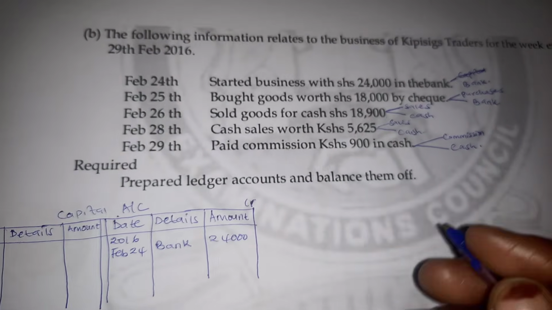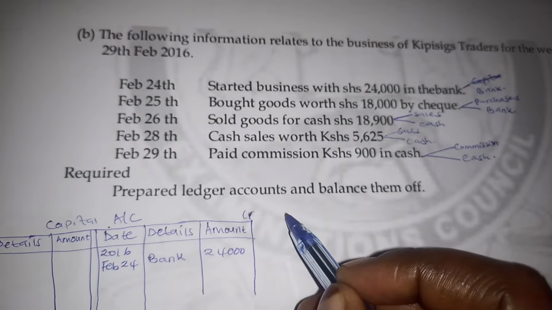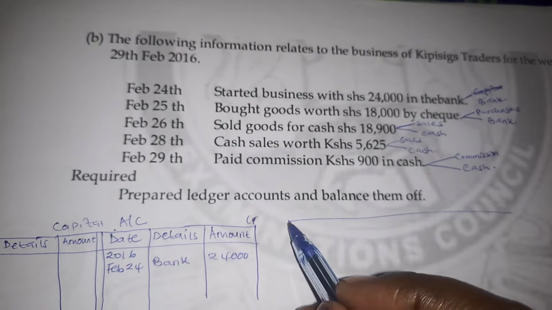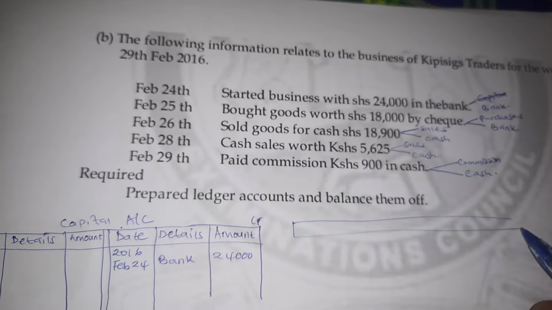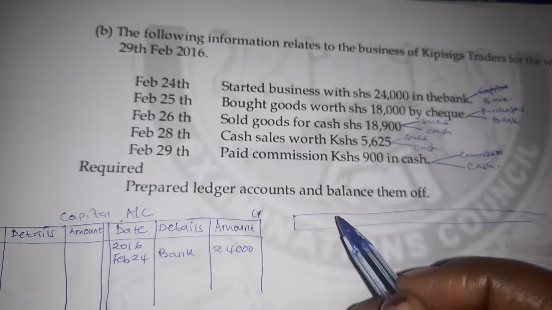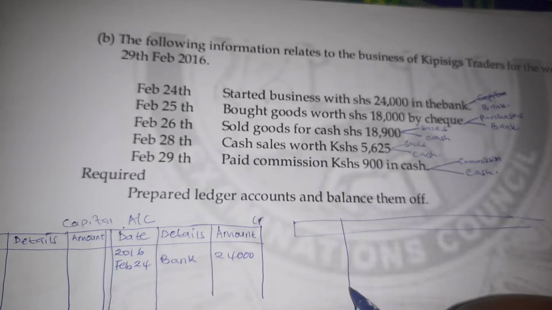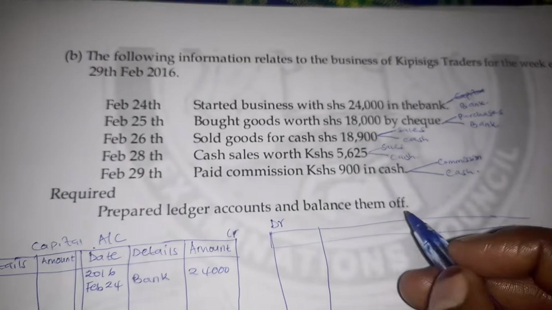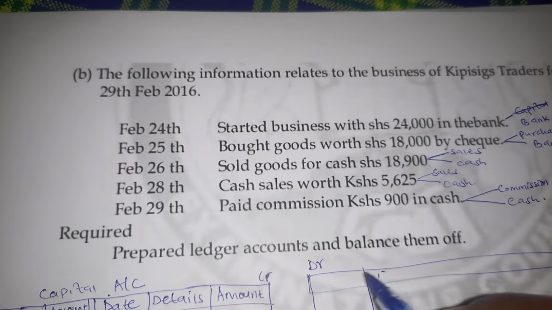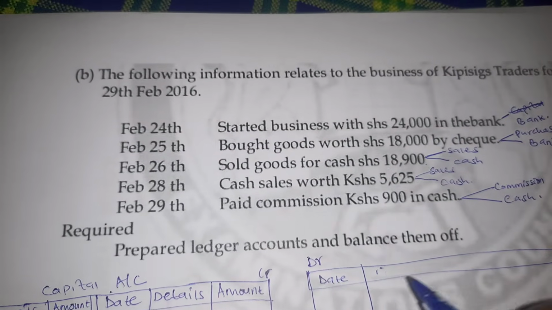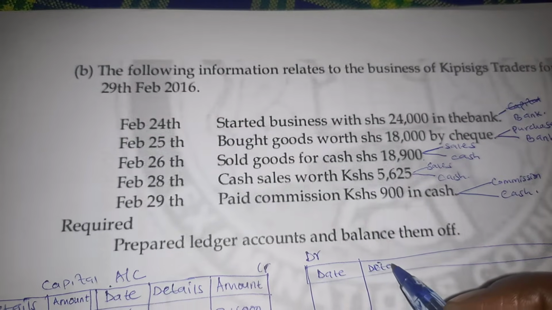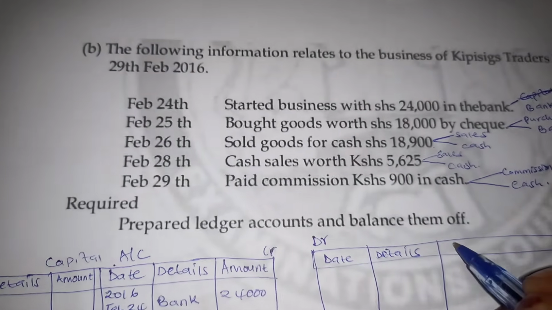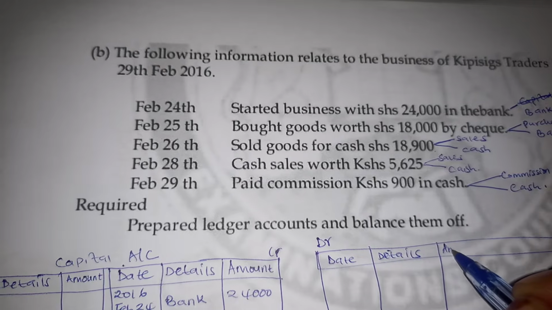The next one is the bank account. So we have the date column, that is on the debit side. Then you have the details, and the amount.